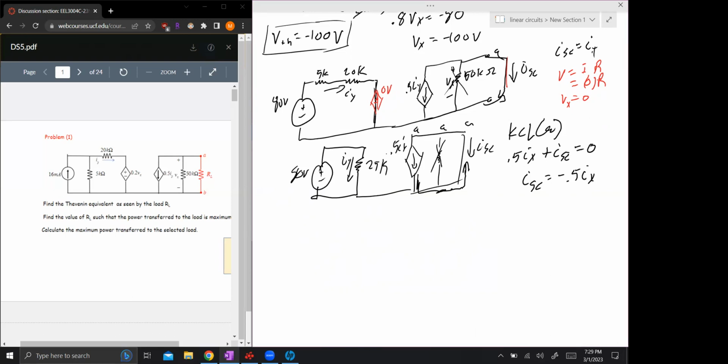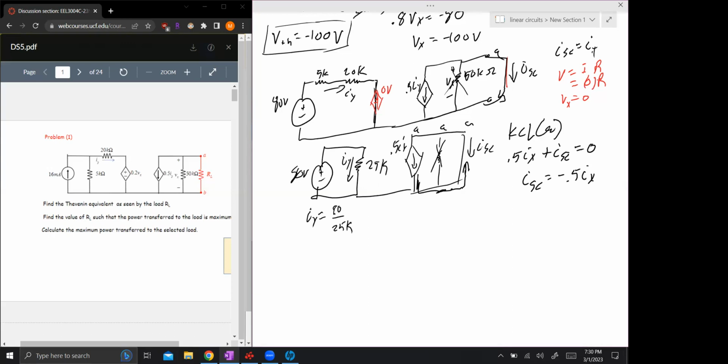Okay, so let's see. What is IY? You can find it right now, actually. IY is equal to the 80 volts divided by the 25K. Okay, hold on.